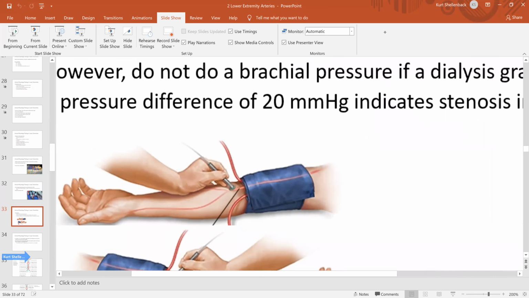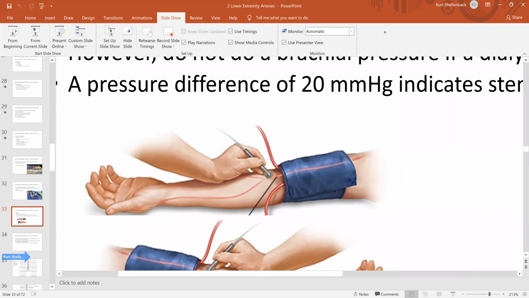We could take note. By the way, that is a small continuous wave transducer. So actually, this is a really good point. I'm glad I zoomed in on this. Sometimes you don't have a PVR machine. You could still take the blood pressures using the vascular continuous wave, and then you would report an actual Doppler wave.